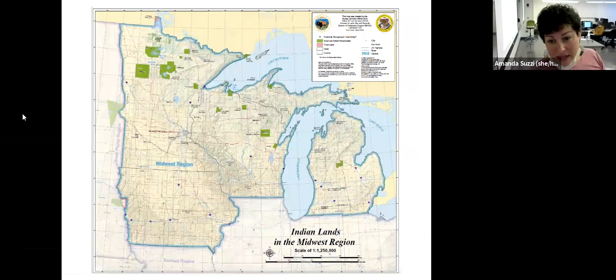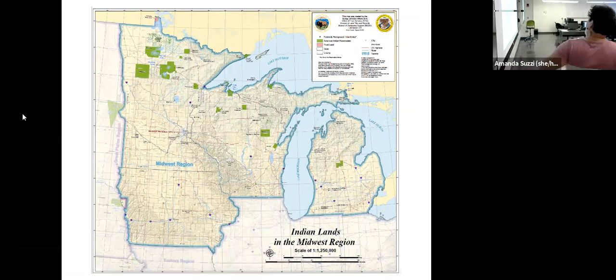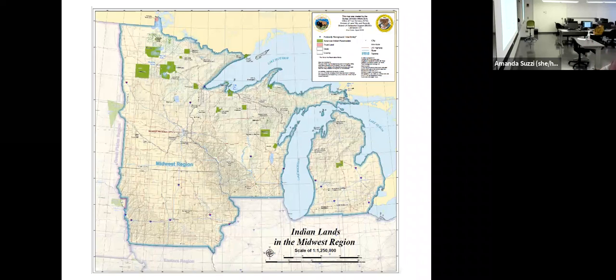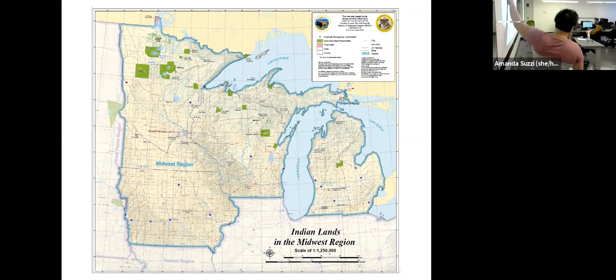So this map is Indian lands, and you can notice the green is reservations. And it's really hard to read this too because it's so small. How would you improve it? Yeah, you totally eliminate those holes.